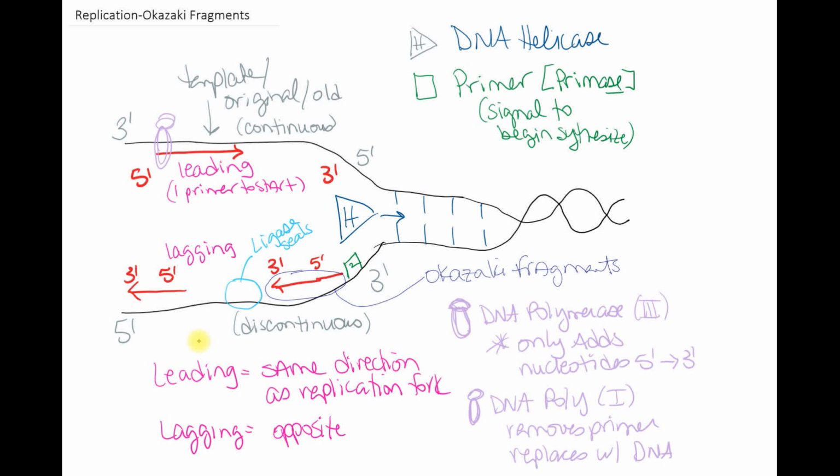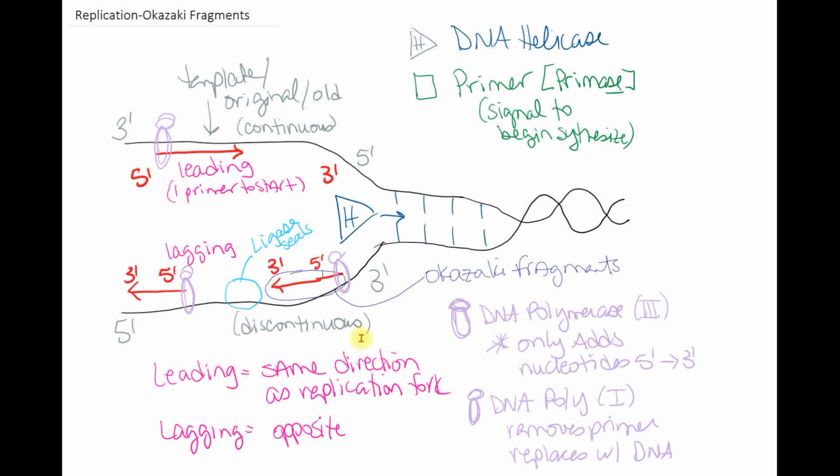Again, it's going to take DNA polymerase 3 and start moving and attaching those nucleotides, building away from the replication fork. Then it will come back and lay down another primer. Again, we will have our DNA polymerase 3, and it will start connecting A's, T's, G's, and C's, etc. And it will continue doing that in segments.